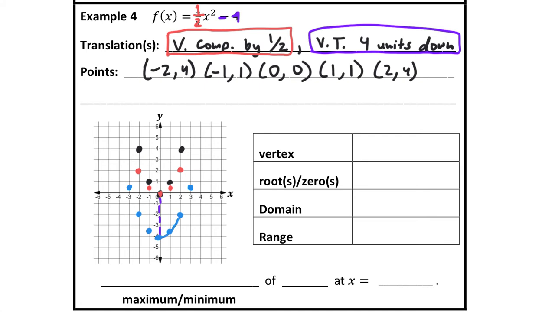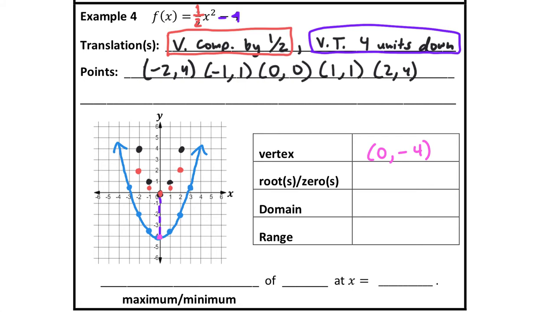So my graph's going to look something like this. And let me see if I can do the other half as smooth. I'm actually proud of this curve. It's pretty smooth. And now my vertex is this point right here, which is at 0, -4.